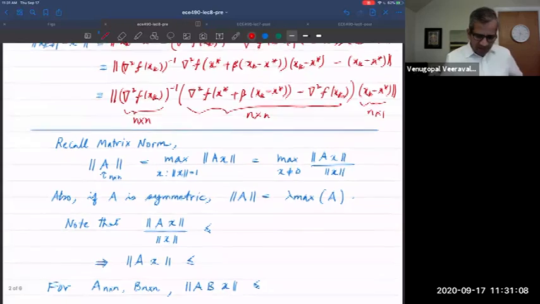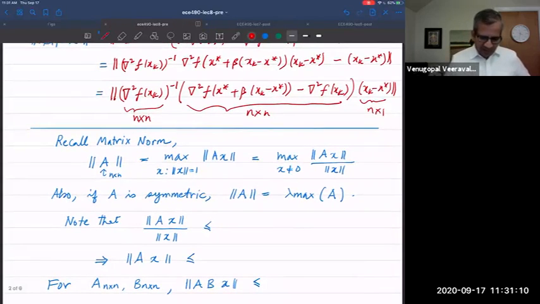So I'm now going to recall what we talked about with matrix norms. The norm of a matrix is defined this way. We saw this a few classes ago, right? It can also be defined by taking the max for x not equal to 0 of the ratio of the vector norms of Ax and x.